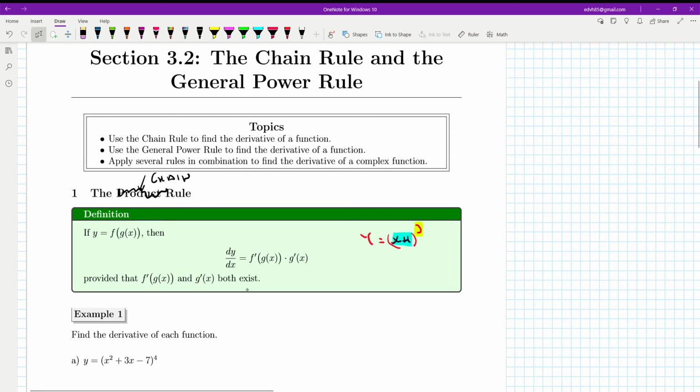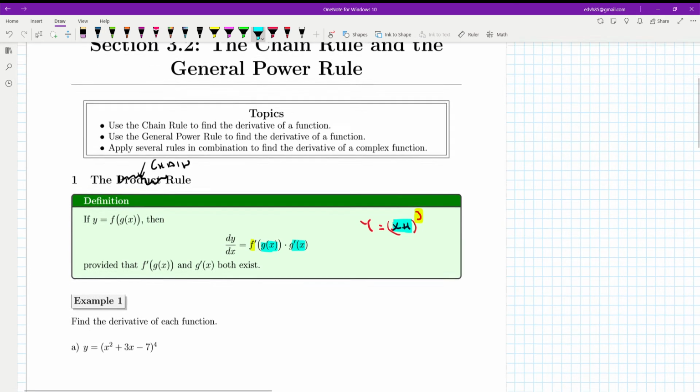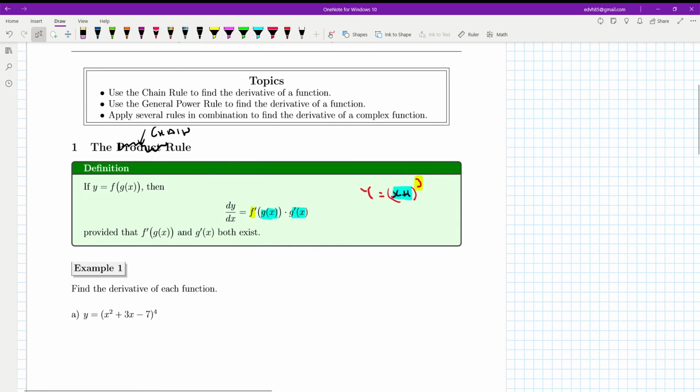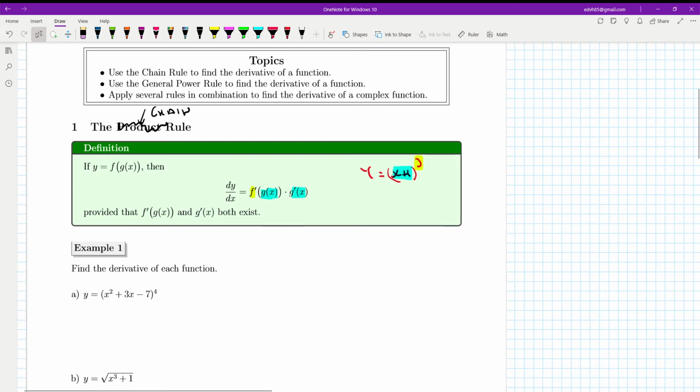So what we're going to do is differentiate the outermost function, which in this case is f, leave g inside the same, and multiply by the derivative of g. Looking at examples will make more sense about what we're talking about.